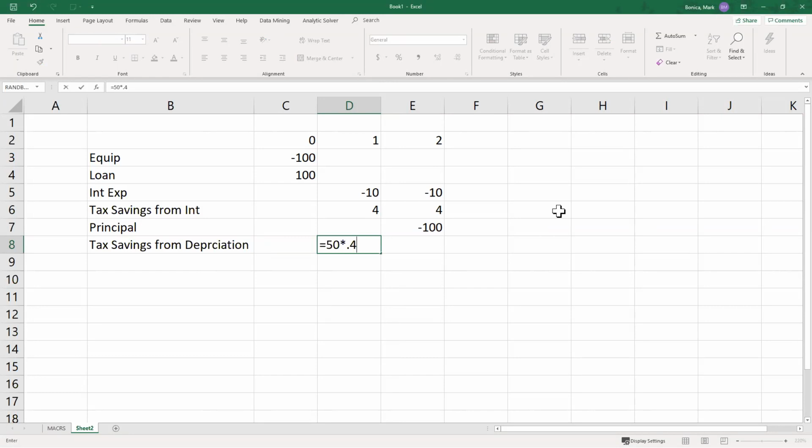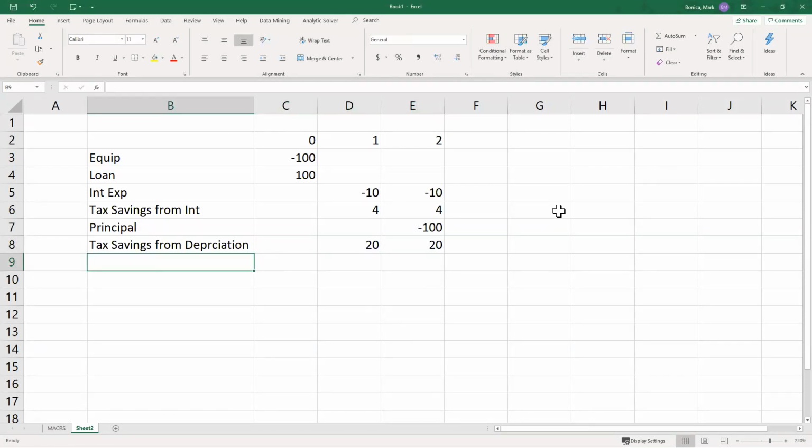So 100 minus 50 gives us $50,000 in taxable income. We would pay 40% of that in taxes. This $50,000 in depreciation reduces our tax bill by $20,000. So this is the same.